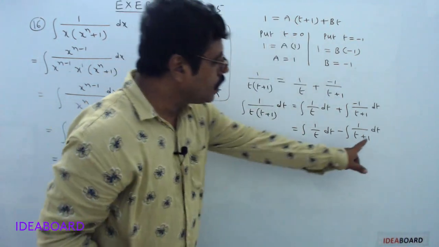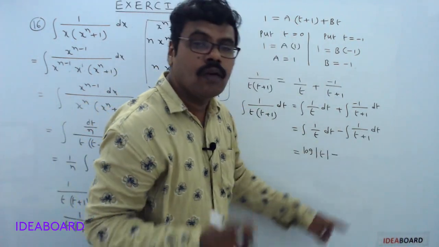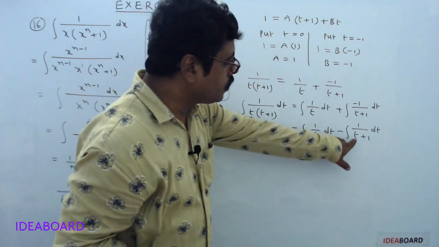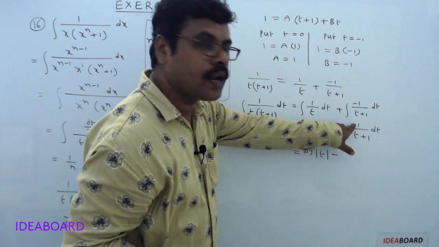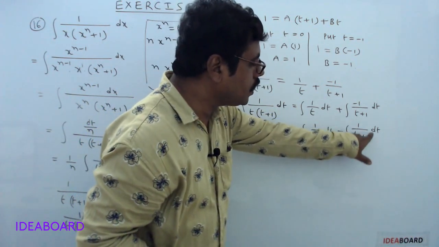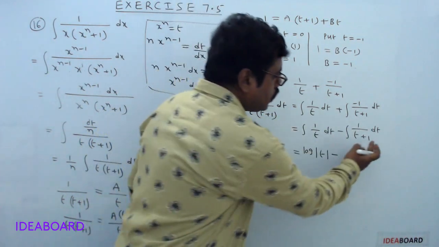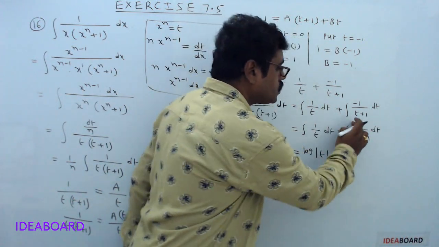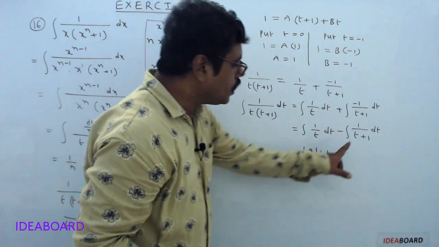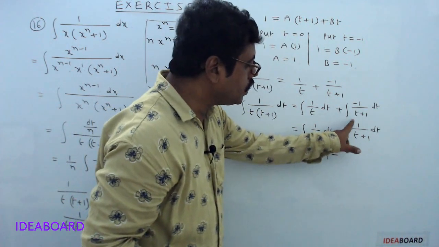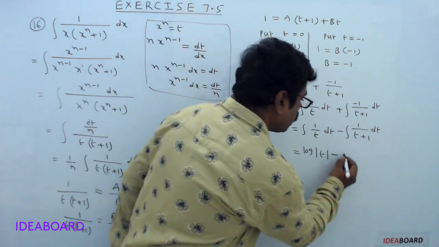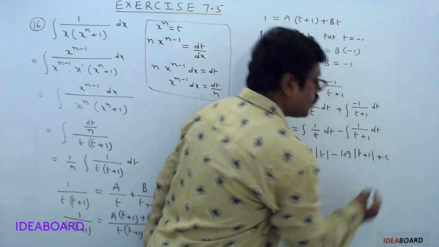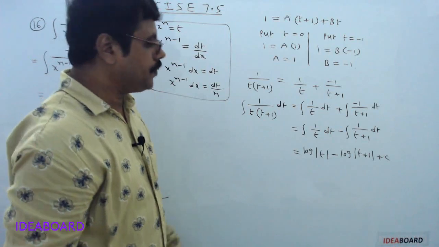Minus, the derivative of t + 1 with respect to t is 1, since the derivative of t is 1 and the derivative of the constant term 1 is 0. It means the derivative of the denominator is in its numerator. So its value is log mod (t + 1) plus a constant term c.